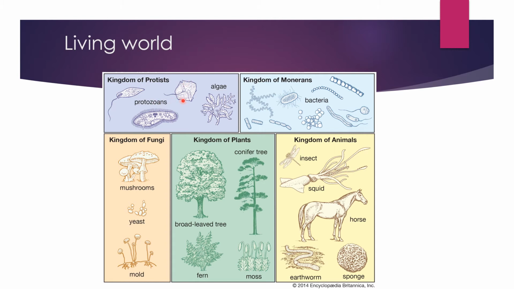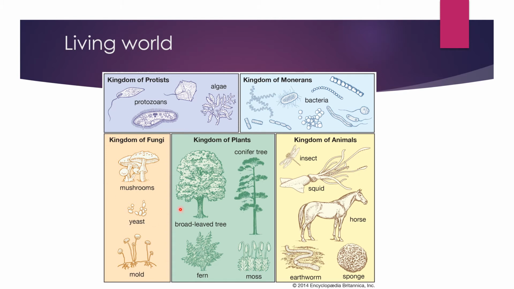That means they are microscopic, lower group of organisms. Next one, the monera. They are also microscopic. Now see here, bacteria. You know that some bacteria cause diseases. So all the bacteria fall into monera. So protista and monera are microscopic.